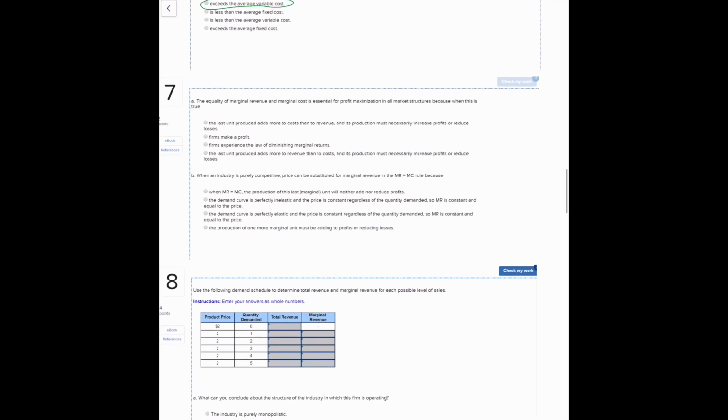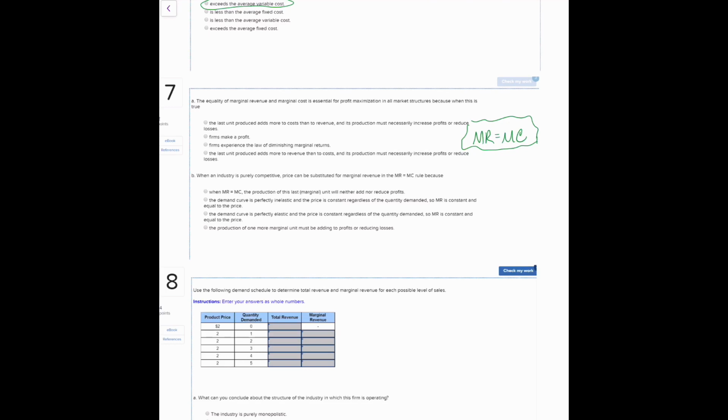Number 7, the equality of marginal revenue and marginal cost is essential for profit maximization in all market structures, because when this is true, so this MR equals MC rule is profit maximizing output for all of the market structures, not just perfect competition.